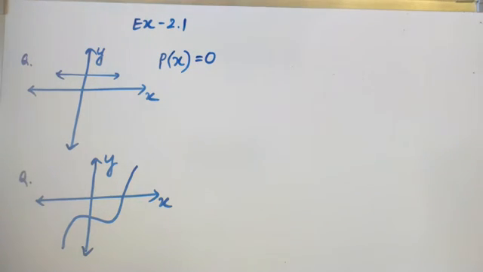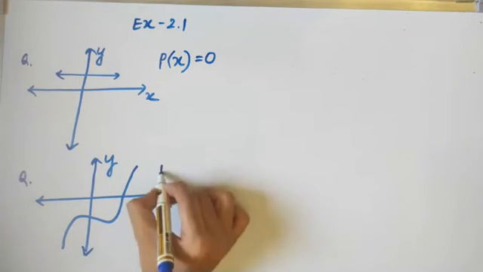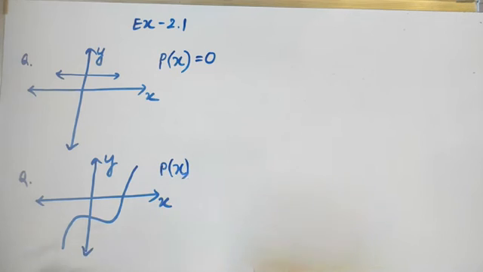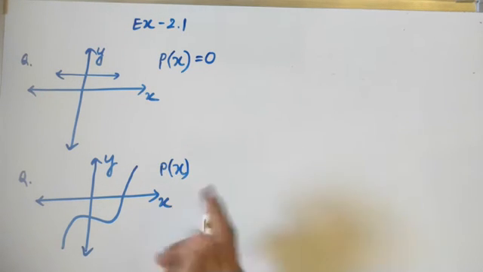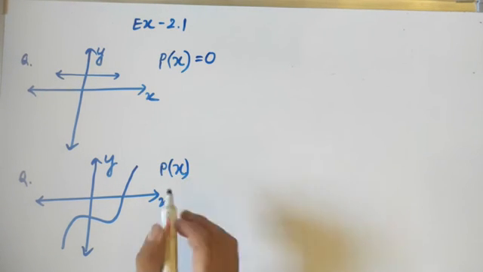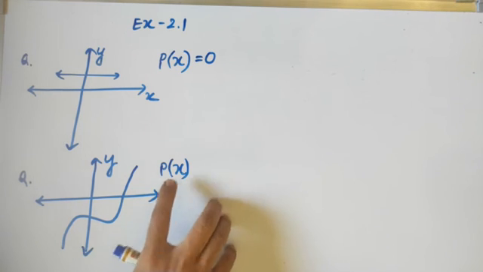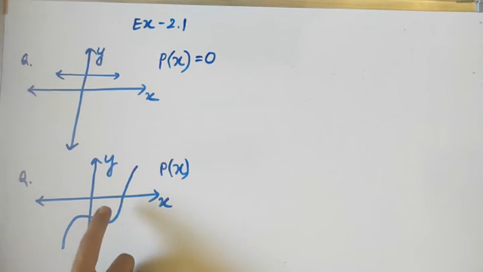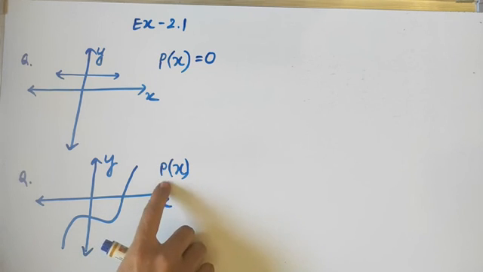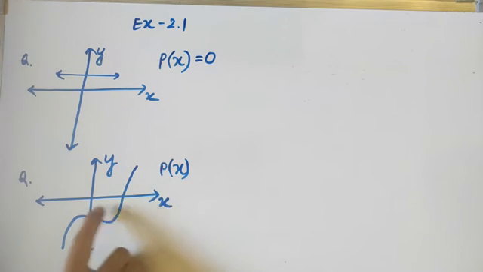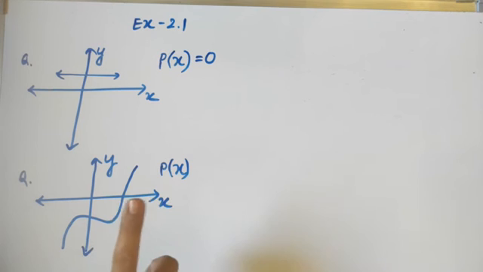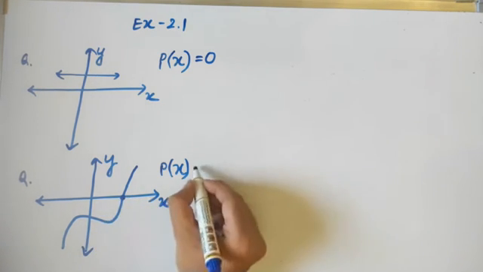In this, you have to find the number of zeros of p of x. The main thing is you have to see whether it's p of x or p of y. In this question it is p of x, so we will see only the x-axis, whether the graph is intersecting the x-axis or not. How many times is the graph cutting the x-axis?